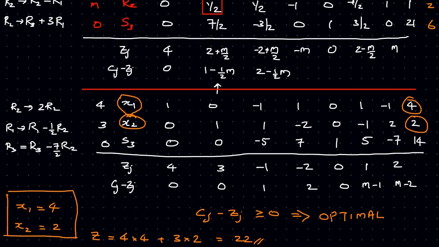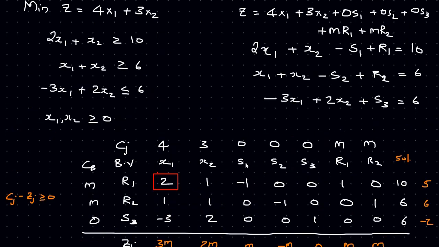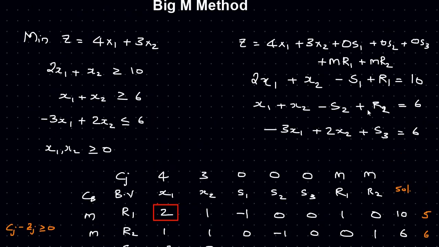Okay, so I hope the BigM method is clear. The table calculation, everything is the same as simplex, but what we just needed to do additionally was introduce artificial variables, so that we have some variable with coefficient +1 in one of the equations and 0 in the others.